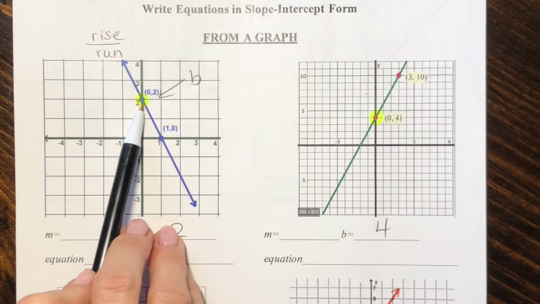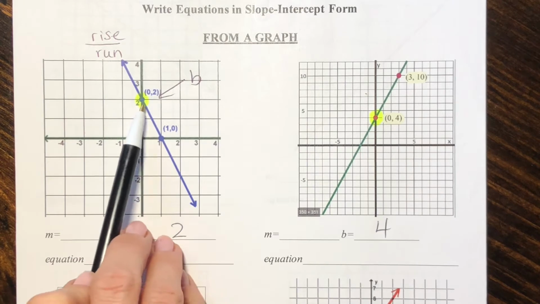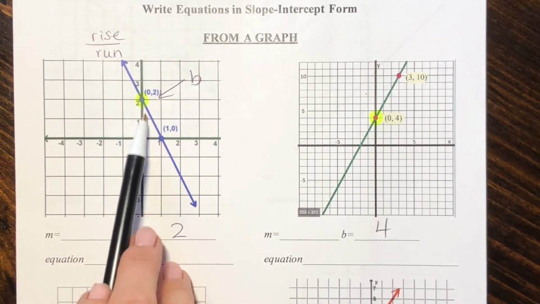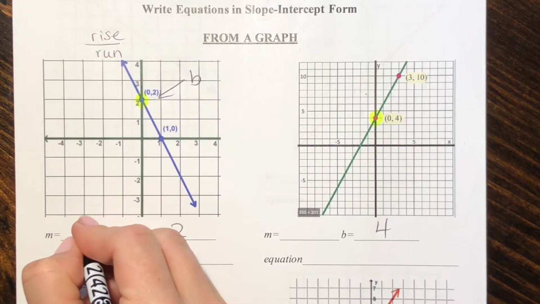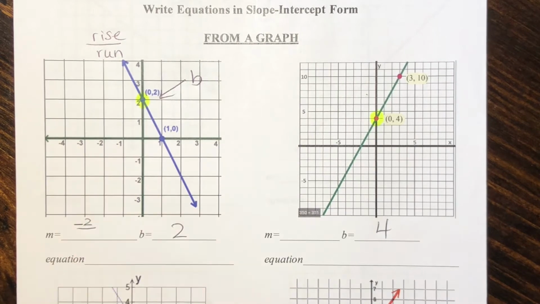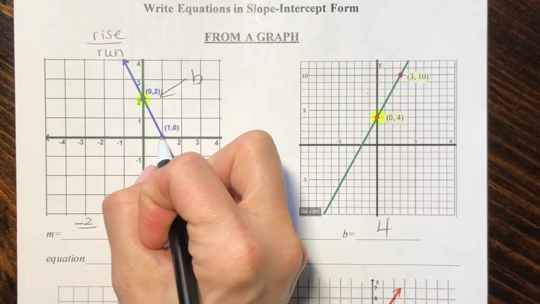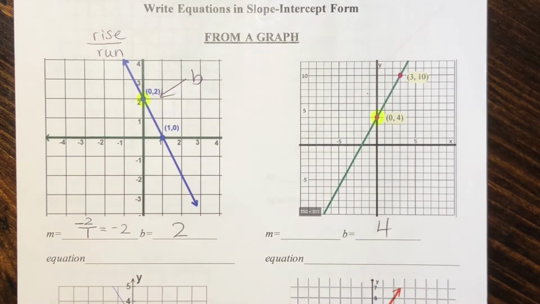And if we read a line like we read a book, we start from the left point and move to the right. So to get from this point to this point, did I move up or down? I moved down, and so because I'm moving down, my rise is -2, okay? That's the numerator of my fraction. And because I'm running 1, the denominator is 1, which means my slope is -2, and I don't really need that 1 there.